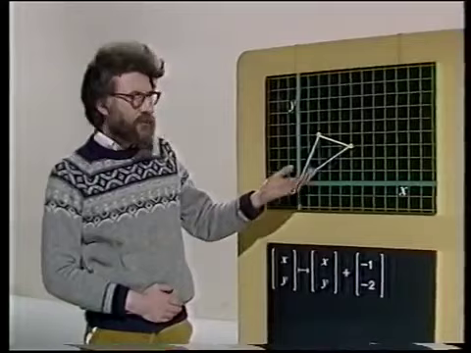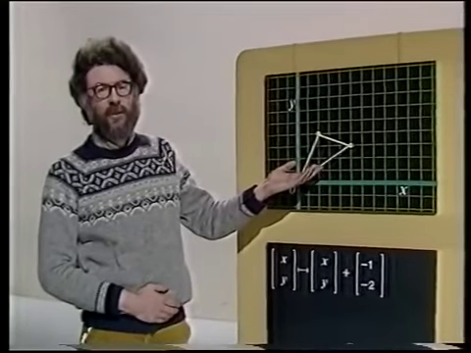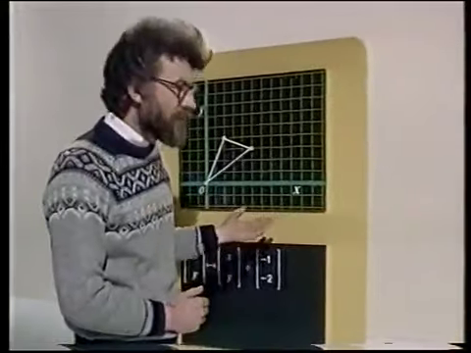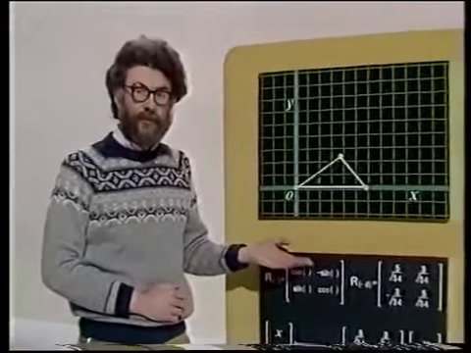Let's just try and summarize what we've been doing. The theme that's been running through this program is of a correspondence between matrix calculations on the one hand, the kind of calculation that Bob's just been doing at the drawing board, for example, and on the other hand, geometrical transformations, such as the ones that we started off with. The ones we used, of course, were translations and also rotations.